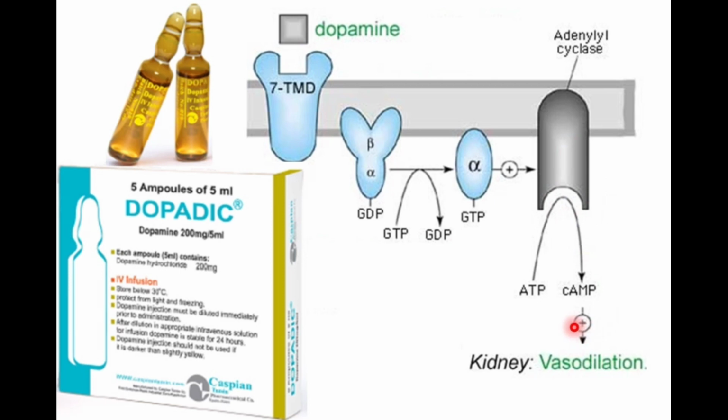Increase in cyclic AMP level causes vasodilation of renal vessels. Therefore, dopamine selectively dilates renal vessels. Dopamine also activates alpha-1 adrenoreceptors on the other vessels and raises blood pressure.